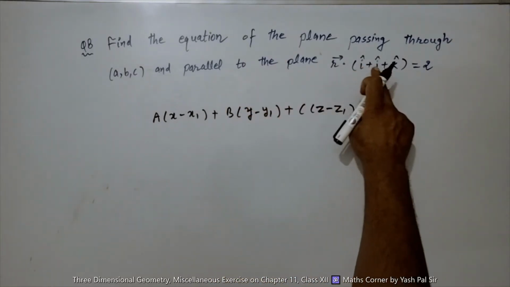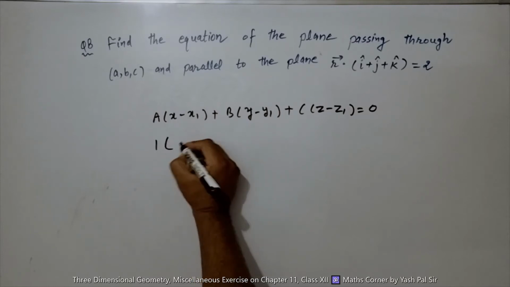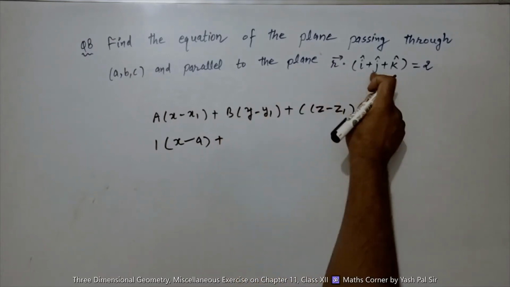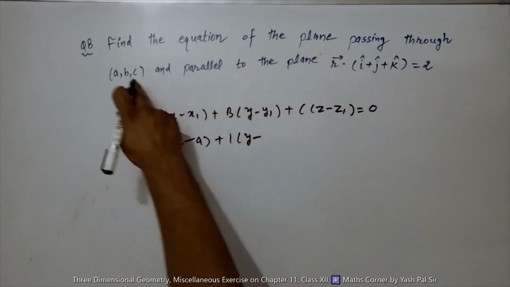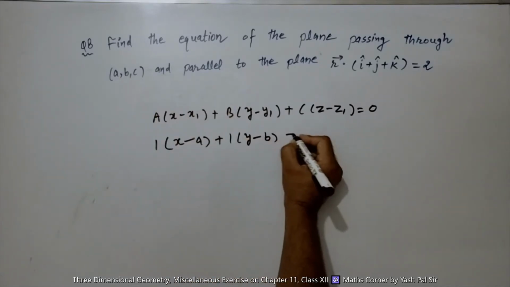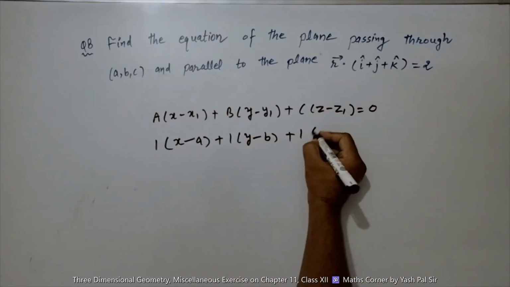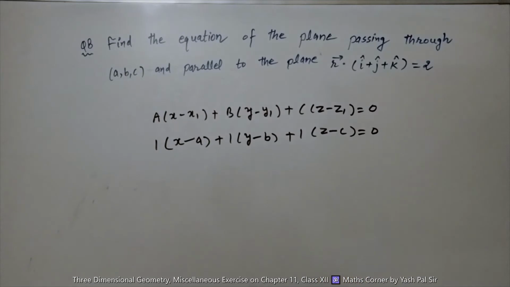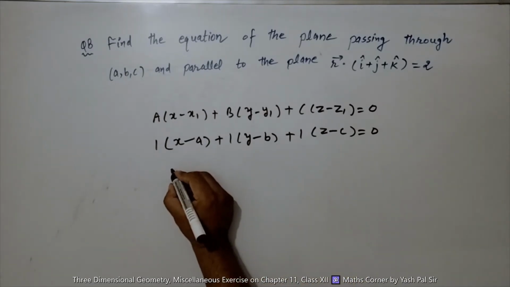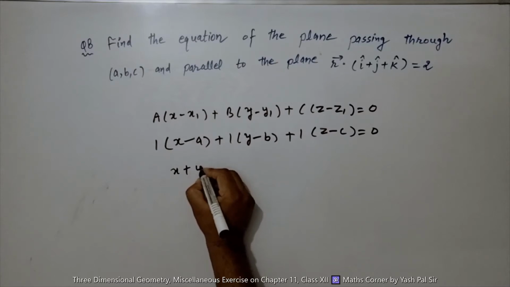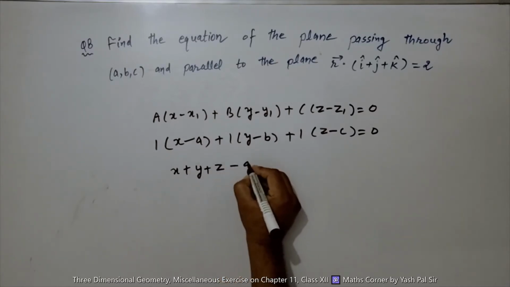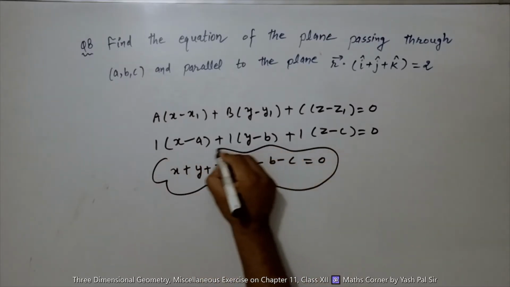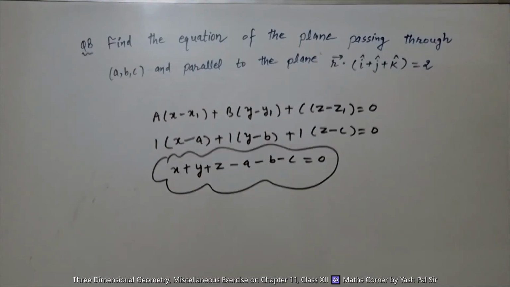So here what are a, b, c? They are 1, 1, 1. So we write 1 into (x minus a) plus 1 into (y minus b) plus 1 into (z minus c) is equal to 0. So this way we can say x plus y plus z minus a minus b minus c is equal to 0 is the required equation of the plane.